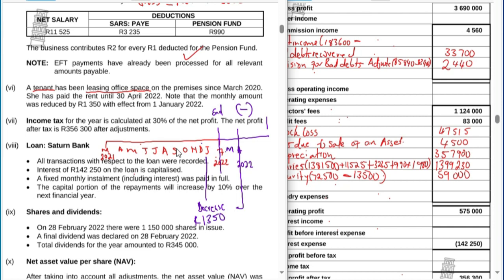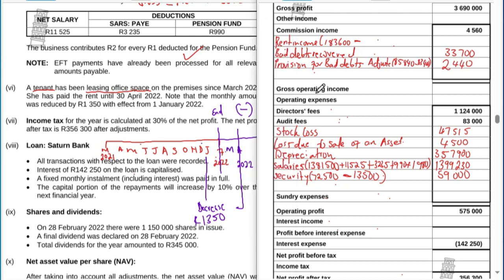And then guys, for how many months did we receive money? It's 1, 2, 3, 4, 5, 6, 7, 8, 9, 10, 11, 12, 13, 14. Meaning we got this money for 14 months.